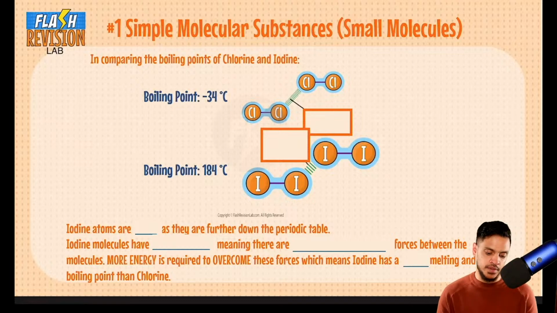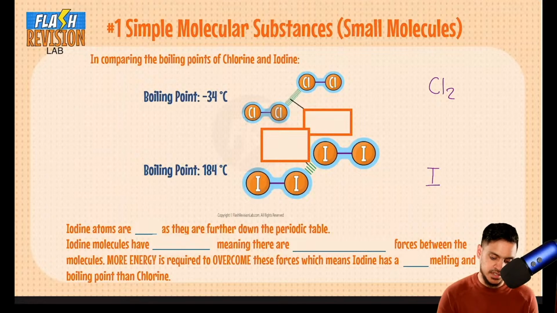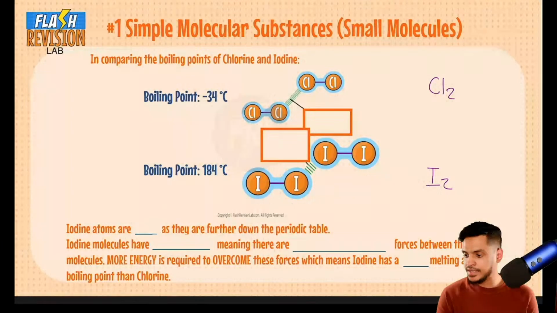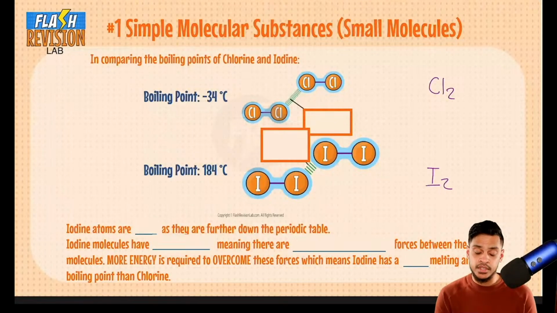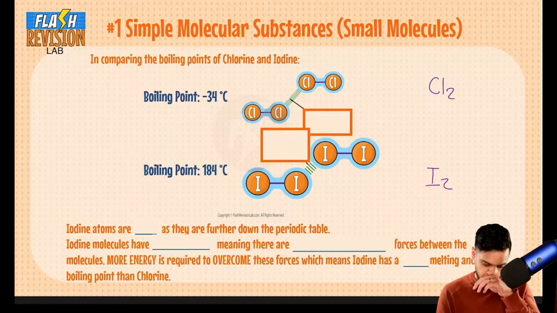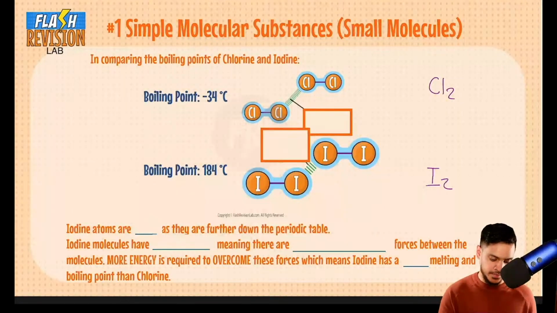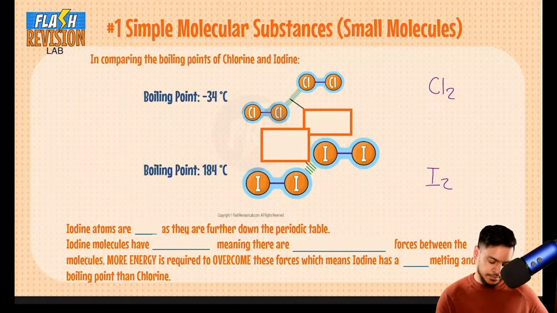So you see here, we've got 2 things that we're comparing: chlorine, which is Cl2, and iodine, which is I2. Both of these are simple molecular substances, okay? They both have boiling points, or melting points, which are relatively low, but one is much lower than the other.